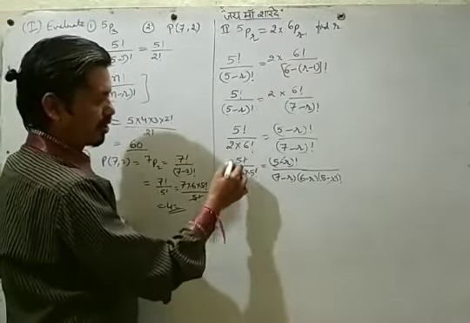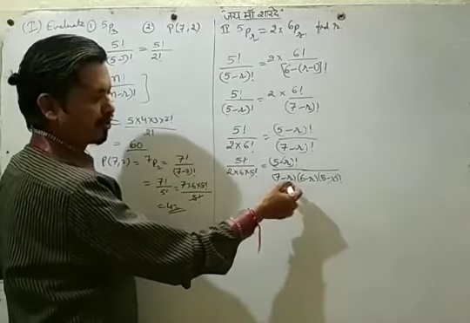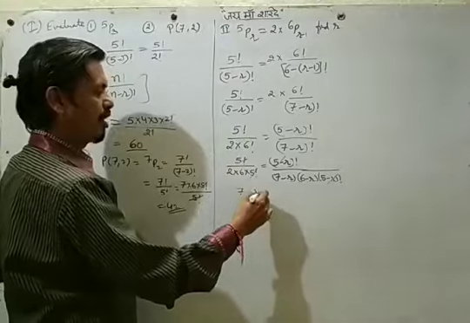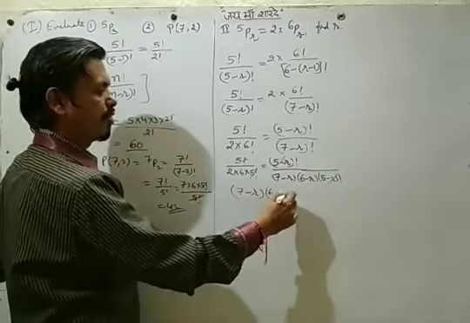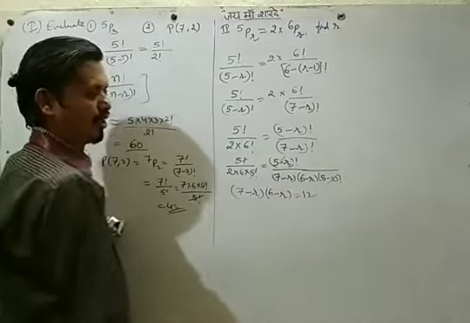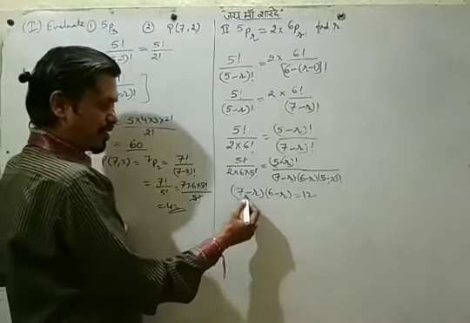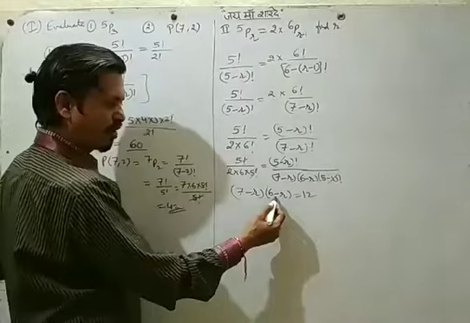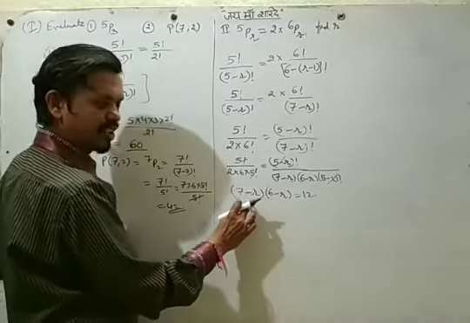Okay, so what do we get? 1 by 12 equals 1 by (7 minus r) into (6 minus r), or you can just say (7 minus r) into (6 minus r) equals 12. What is 7 minus r? 6 minus r. 7 minus r is 1 more than 6 minus r. If you subtract 6 minus r from 7 minus r, what do we get? 7 minus r minus 6 plus r, the r cancels, and you get 1.